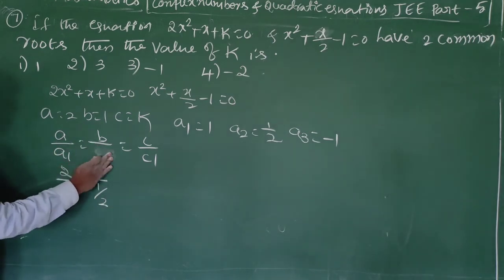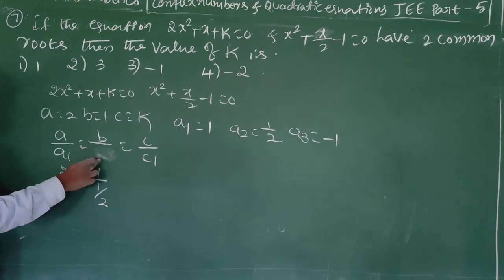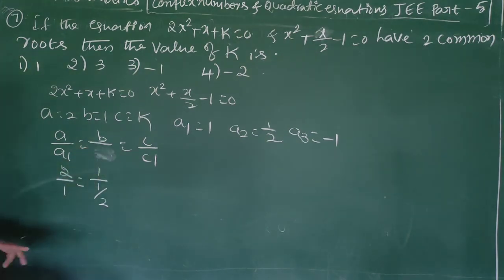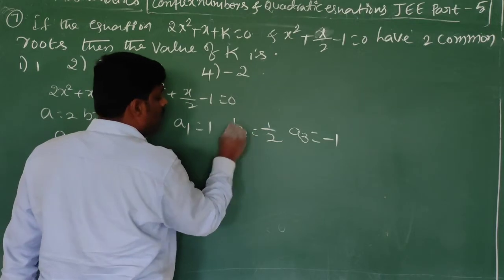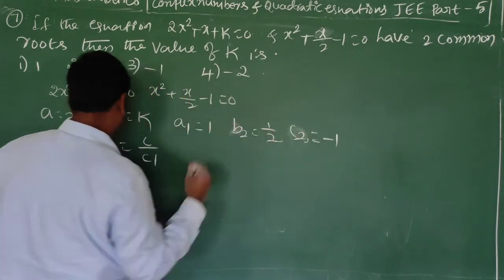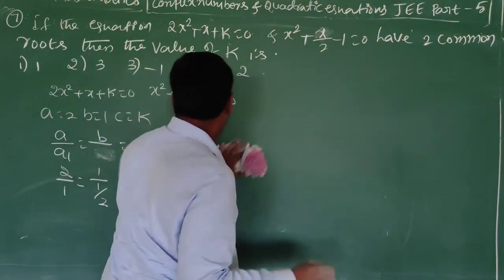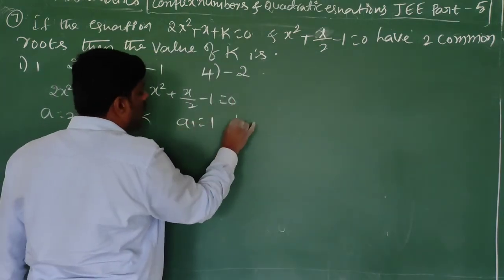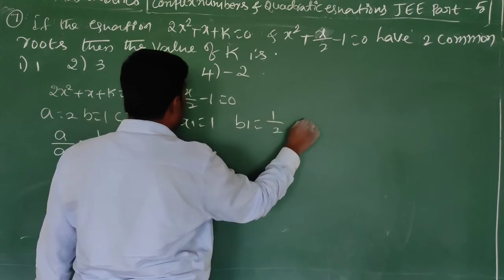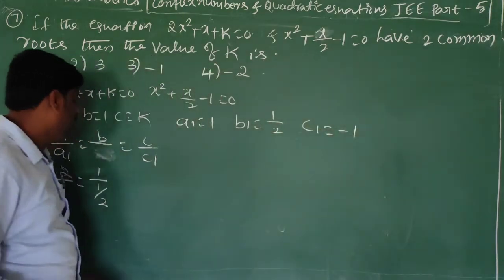This is b2, this is c2. Otherwise, a1 is equal to 1, b1 is equal to 1 by 2, c1 is equal to minus 1.